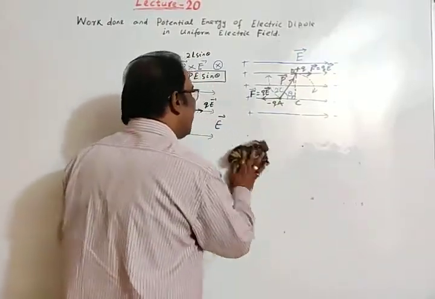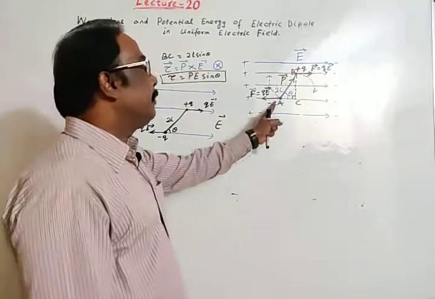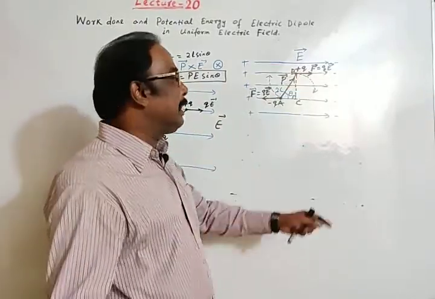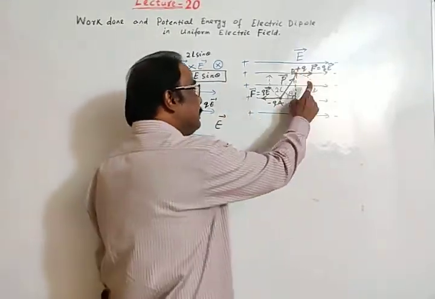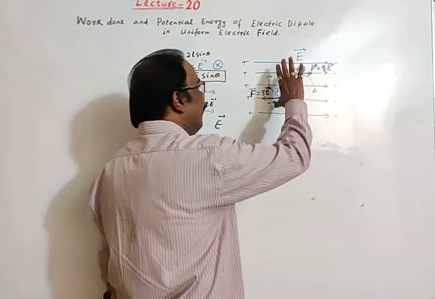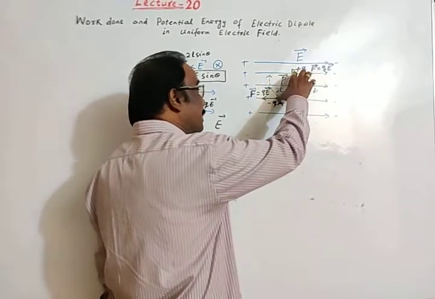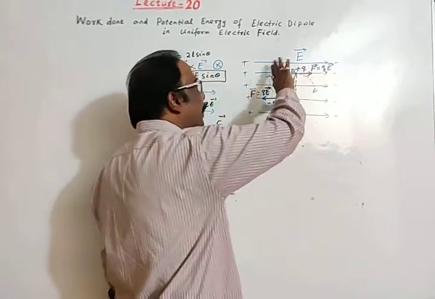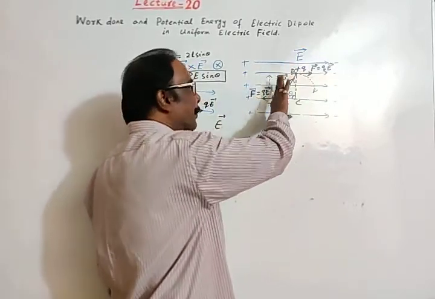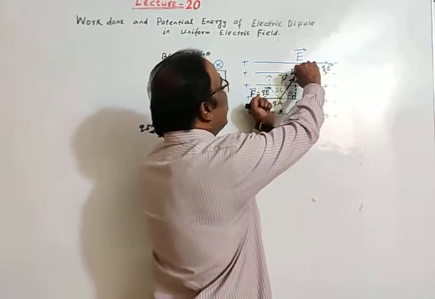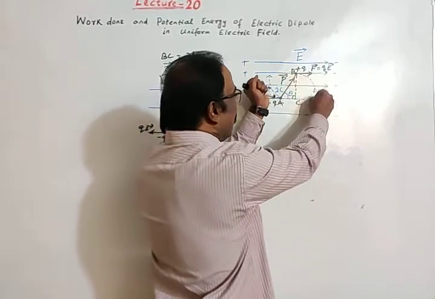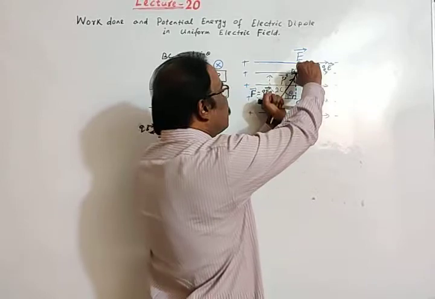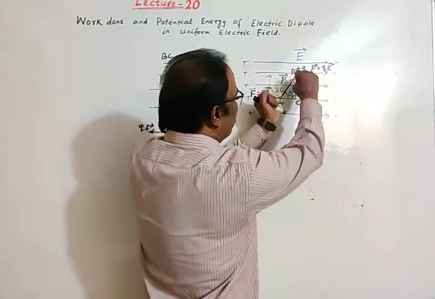See, if the dipole is left in the electric field like this, then due to the presence of the electric field, the dipole experiences torque due to a couple, which will rotate the dipole in clockwise order. This force will tend to rotate in clockwise order. This force will also tend to rotate in clockwise order.